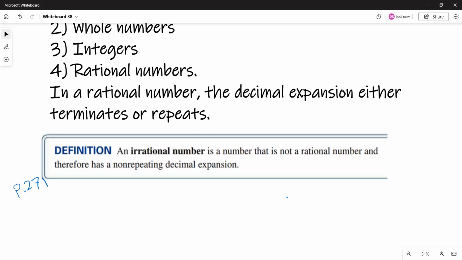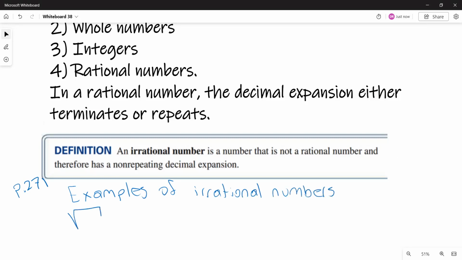And yes, there are a few examples of that. Examples of irrational numbers. One is the square root of 2. The book proves why square root of 2 is not a rational number, but that's beyond the scope of this course, so I'm not going to go over that proof.